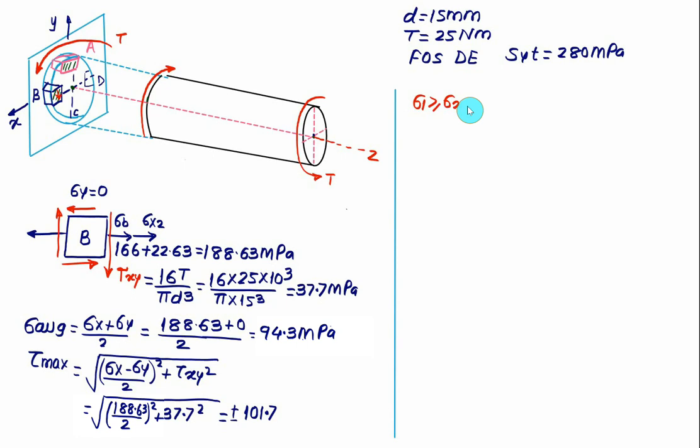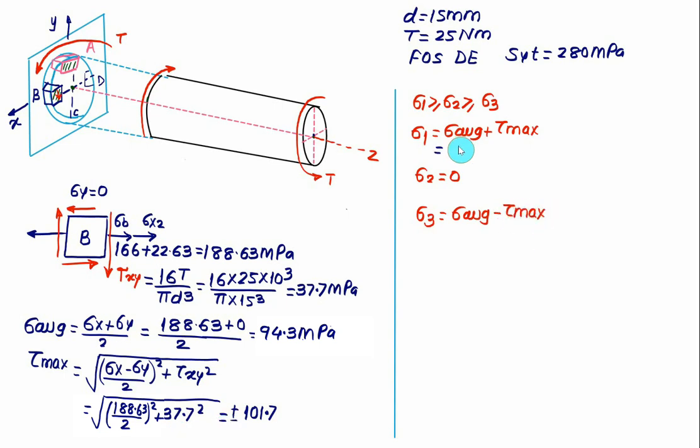So here you have to find out the three principal stresses: sigma 1 greater than or equal to sigma 2 greater than or equal to sigma 3. Out of that, sigma 1 will be equal to sigma average plus tau max. Then sigma 2 will be equal to 0 because sigma 3 comes out to be a negative value, and we have sigma 3 equal to sigma average minus tau max.